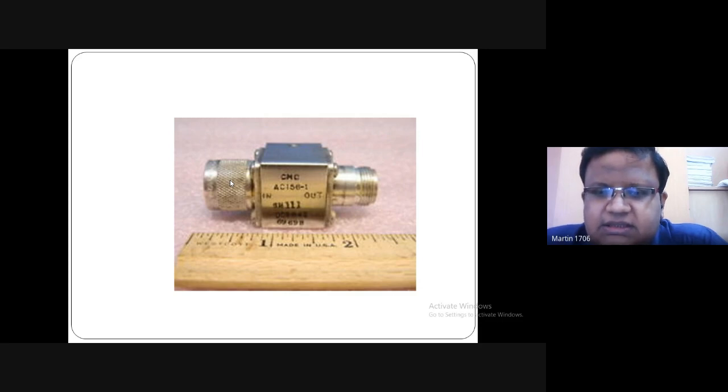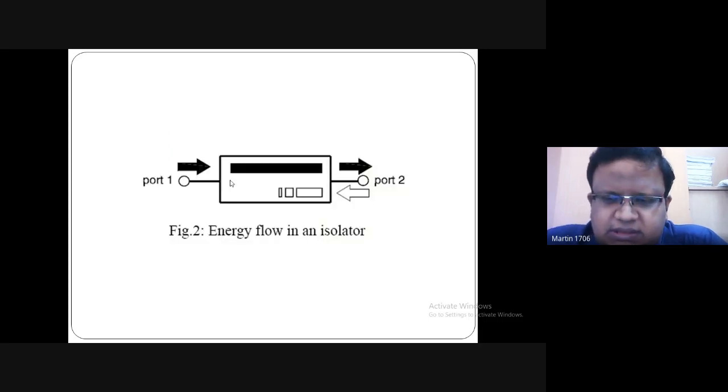You can see the CMC has been mentioned. This is one of the types we have seen in our coaxial connector also. There are two ports. You can see one port has a male connector and another port has a female connector. Like this, the setup has been given in the general block diagram.